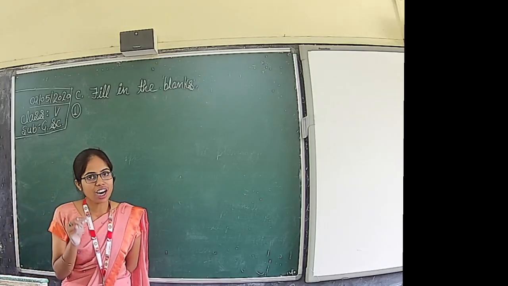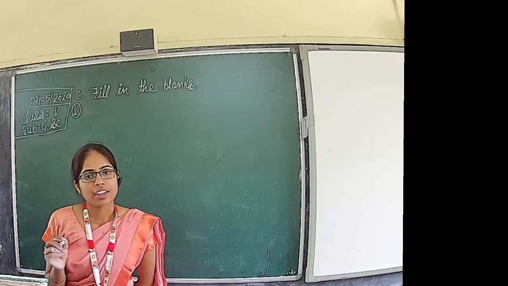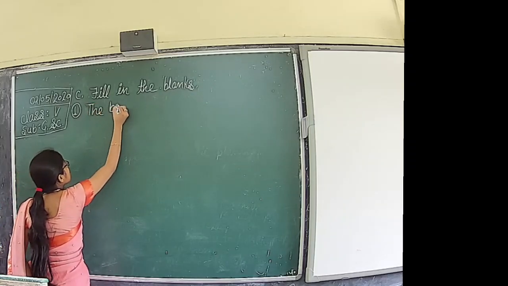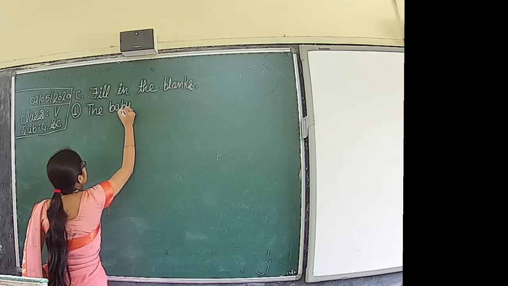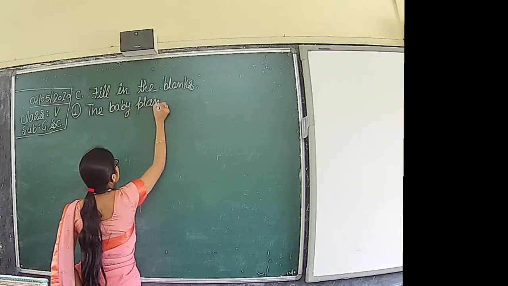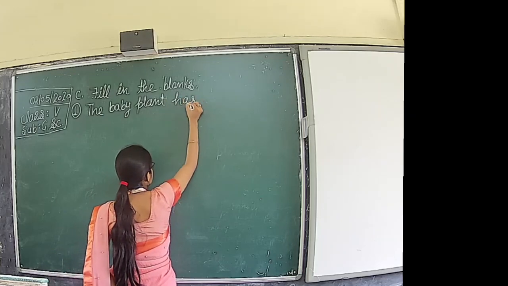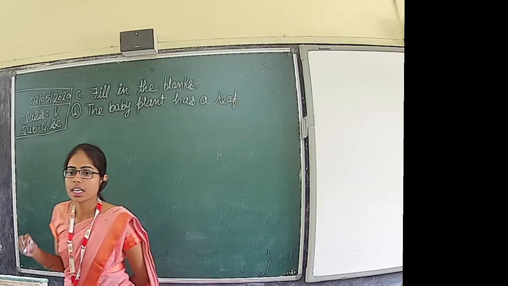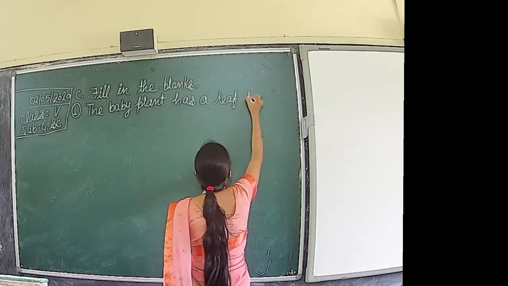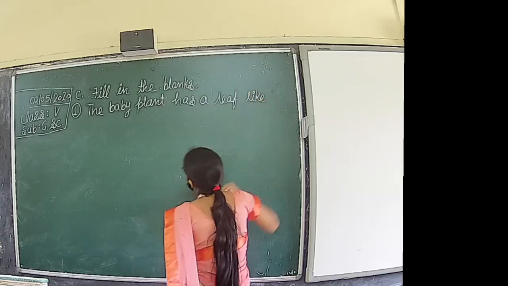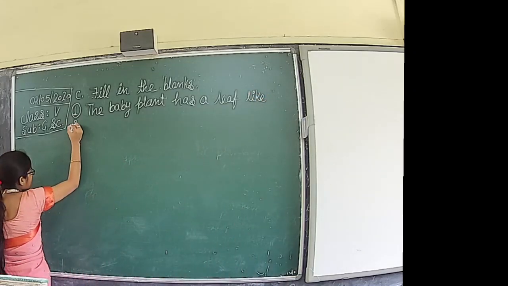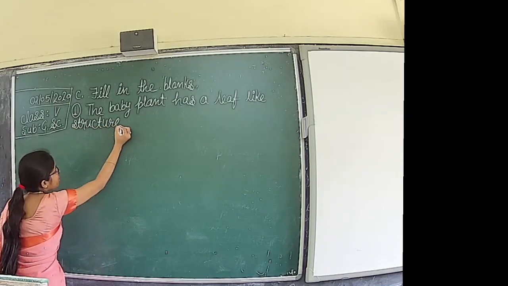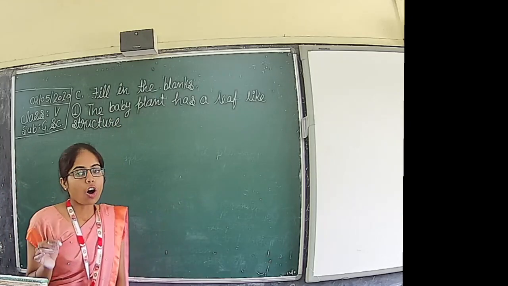Let's start with the first question. The baby plant has a leaf-like structure called the dash.